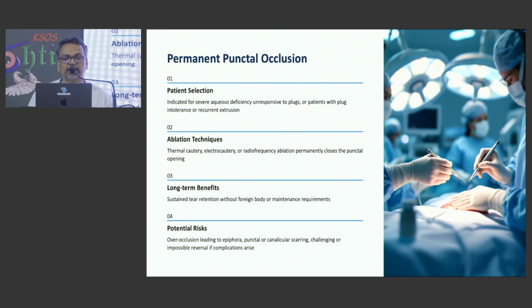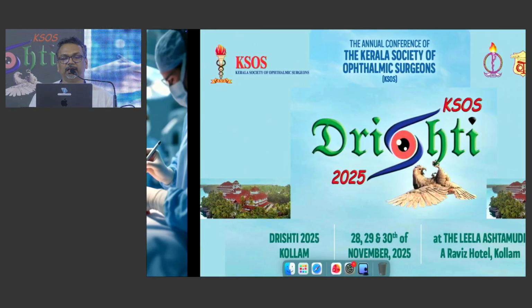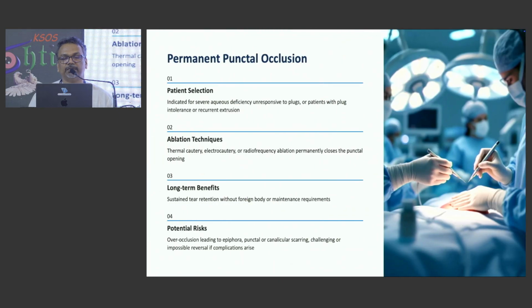You can use either thermal cautery or electrocautery. Its long-term benefits are sustained tear retention, but there is a potential risk of epiphora, and it's irreversible. Another problem is when you do cautery, there is a high chance of recanalization, around 20 to 25%.